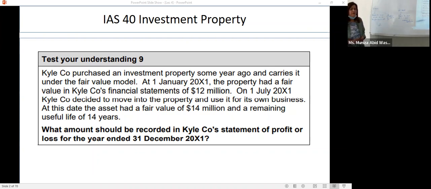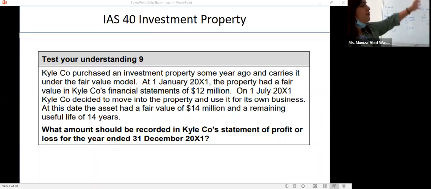SOPL. And when we are going to transfer the asset, it is going to be transferred at its current fair value. Current fair value is $14 million. Is it, students? And because we have shifted from IS 40 to IS 16, now obviously we have to take depreciation as well.